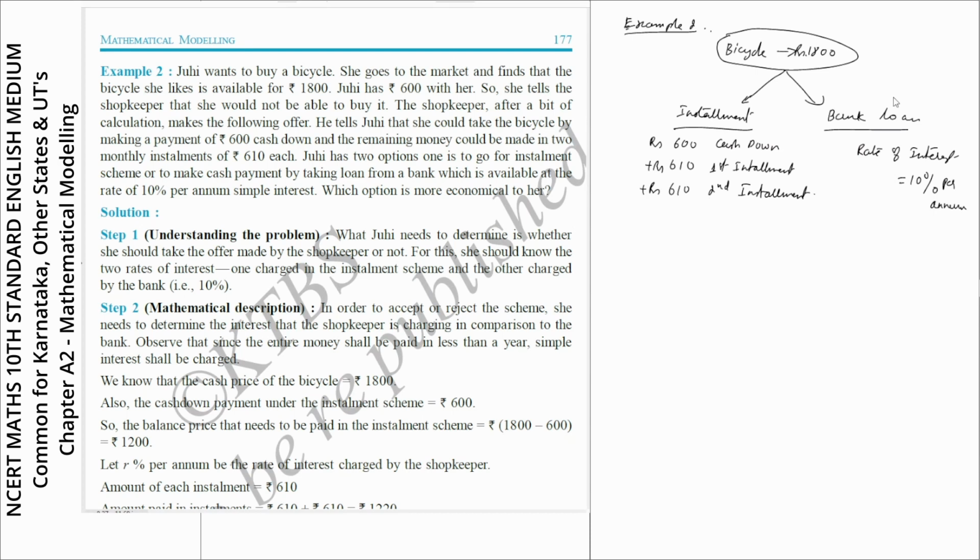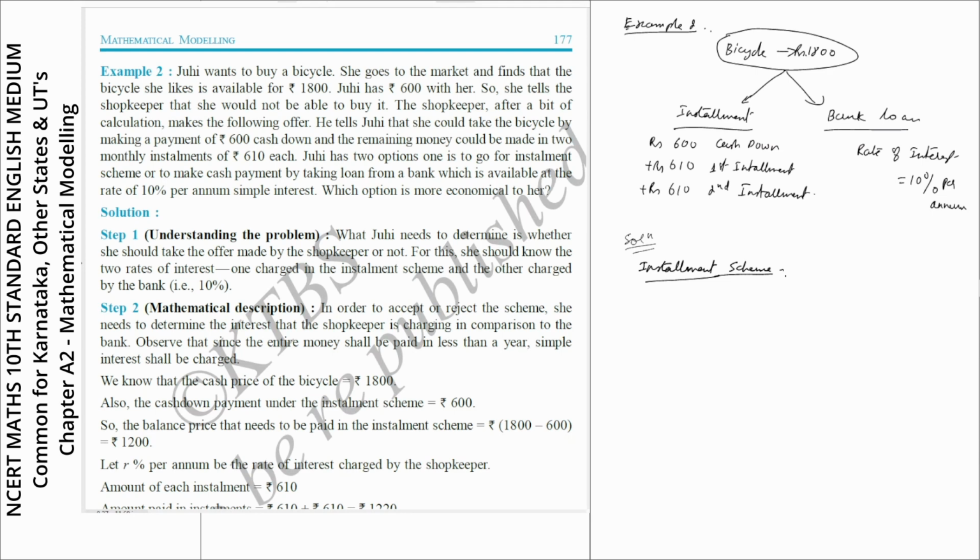So rate of interest of bank loan is already given, it's 10% per annum. So if I calculate the rate of interest of installment scheme, I can compare the rate of interest of installment scheme and bank loan scheme. Okay, and whichever interest rate is less, that option will be economical to Juhi.